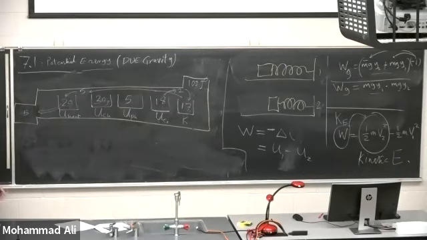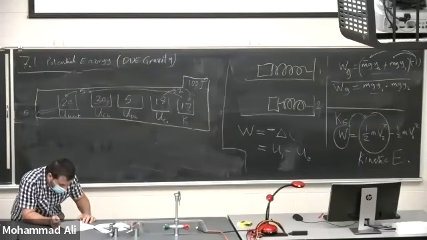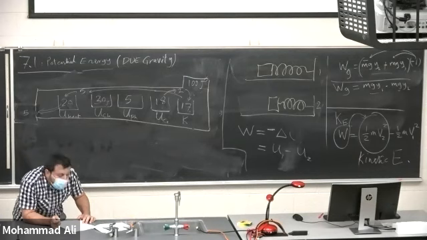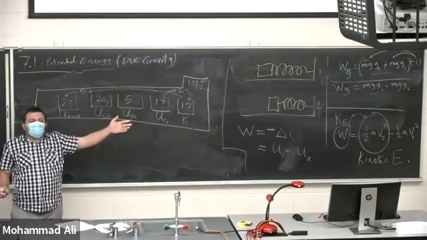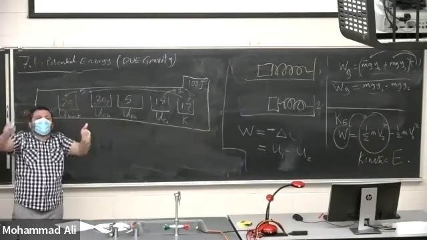But if we just have this system, then this system is not conserved. We will use this idea in examples just to know that our energy is always the same.